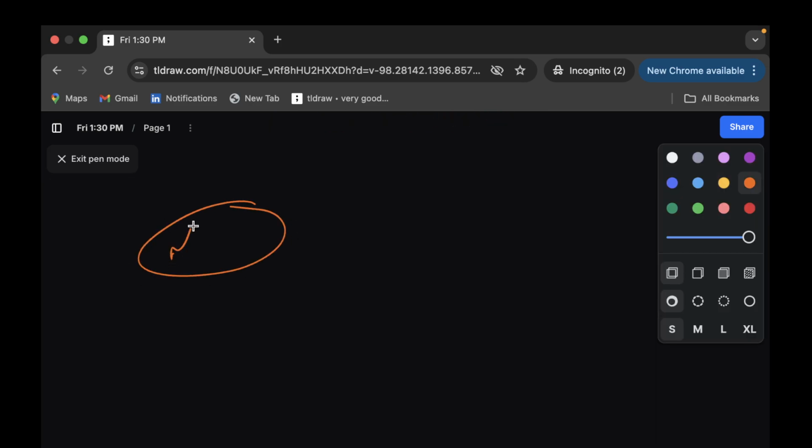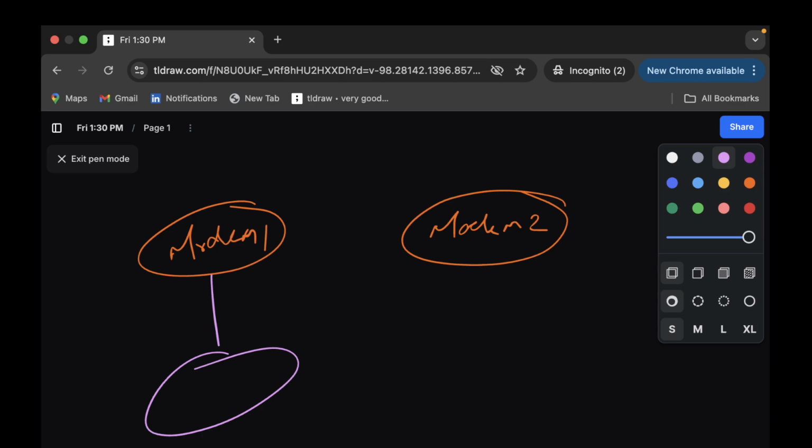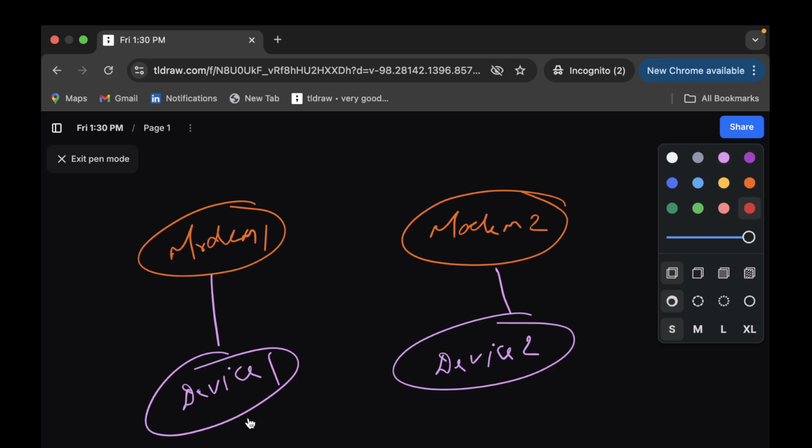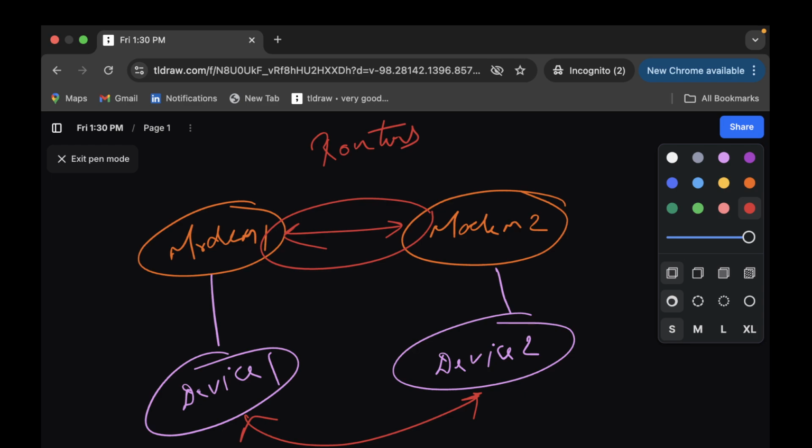For example, if I have a modem one, the communication has to occur between two devices, not at the network level. We can only send one thing, but routers need to know the network. If the data is coming from this end and trying to enter, the first thing we should know is the network.